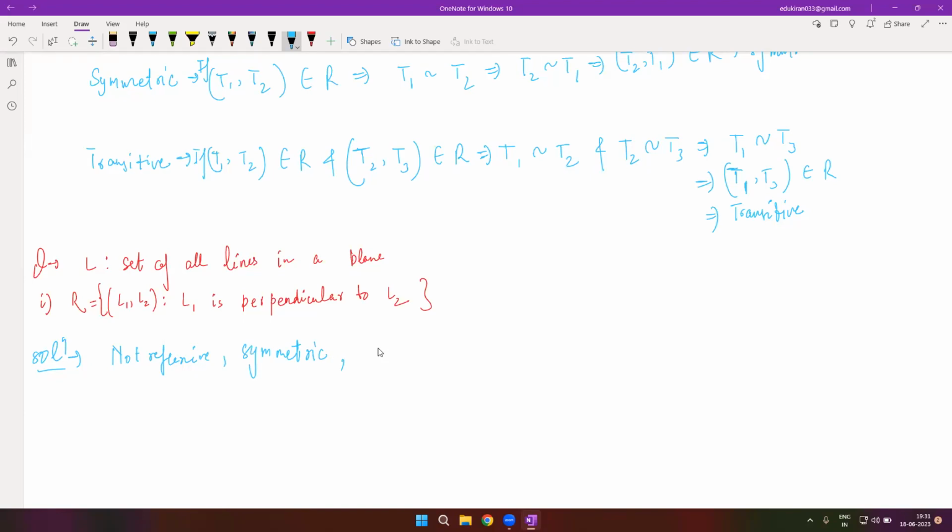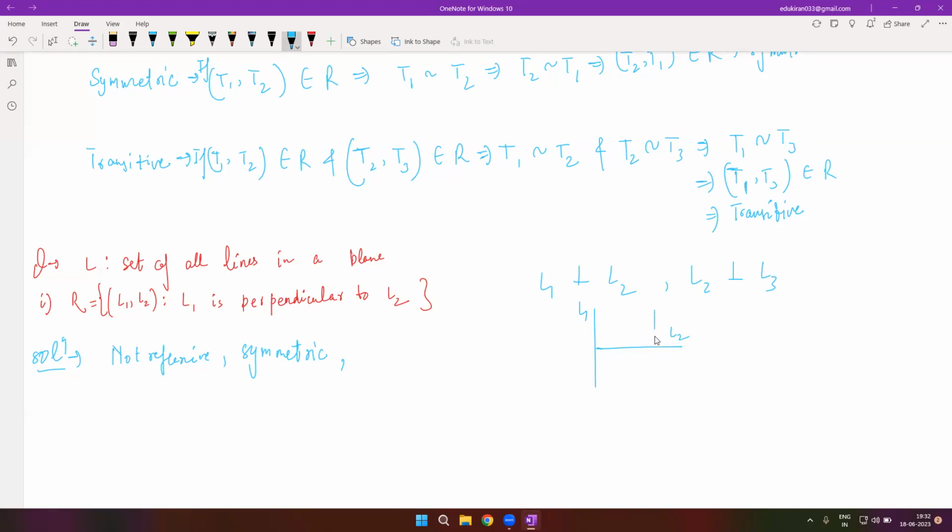So we have to check for transitivity now. Transitivity says that (L1, L2) and (L2, L3) should be there. (L1, L2) is there, meaning L1 is perpendicular to L2. If (L2, L3) is there, meaning L2 is perpendicular to L3. Let's take it like this: this is a line L1, this is a line L2, and they are perpendicular to each other. Now we have to draw a third line which is perpendicular to L2.